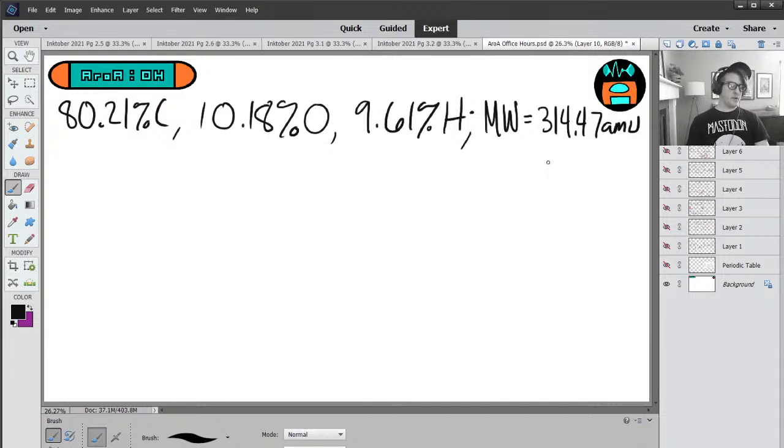Identify the correct empirical formula for this molecule and the molecular formula.